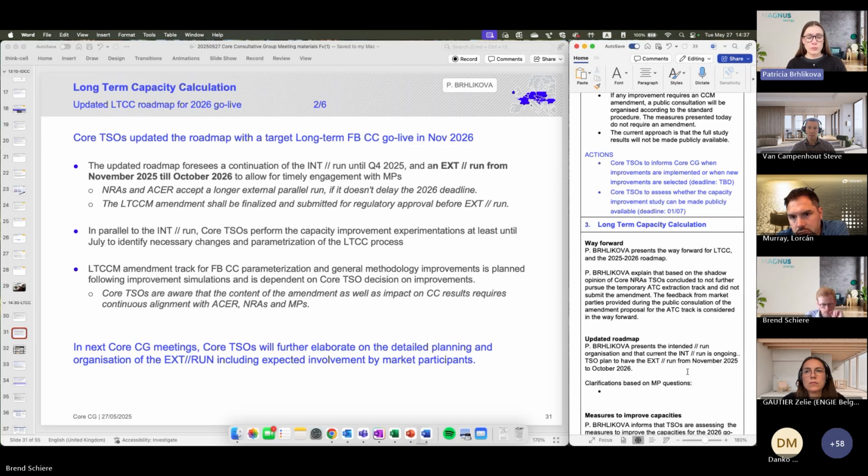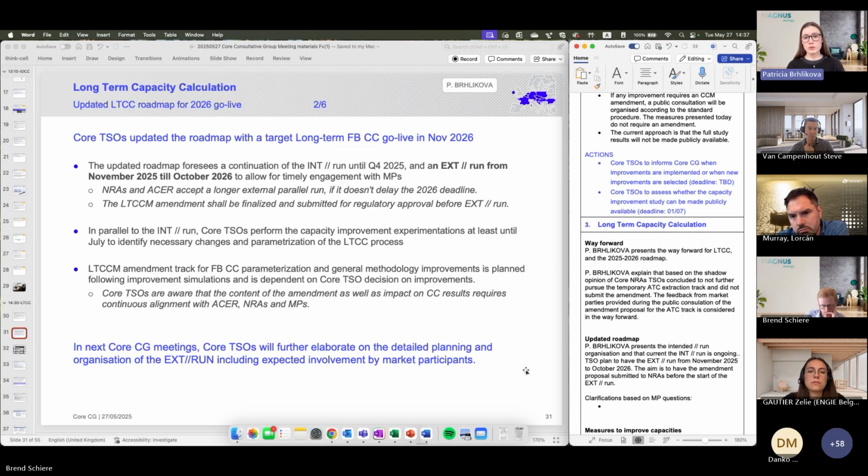More information about the setup of the external parallel run, especially the detailed planning, what sort of runs we would do, what the dates are, how the publication will work and what exactly will be published, as well as the expected involvement of market participants, would be communicated in the next stakeholder meetings. We want to make sure that we provide a full picture and full package of information to market participants ahead of time.